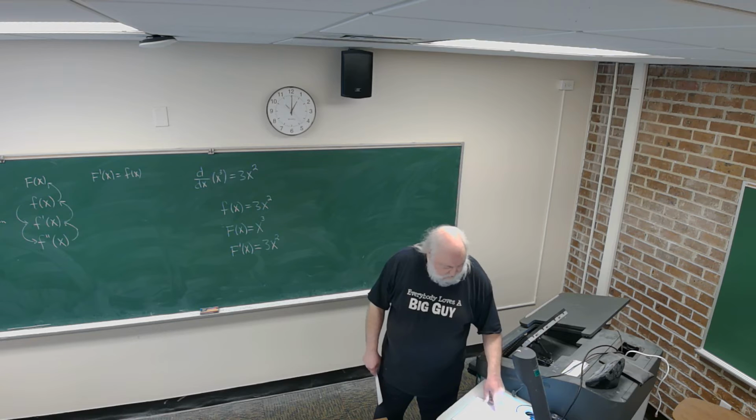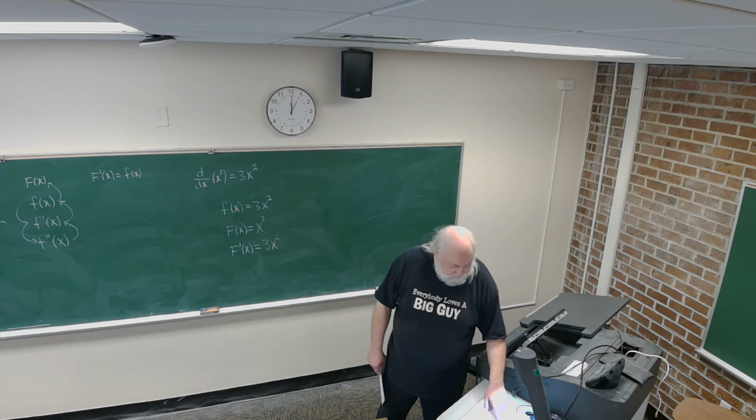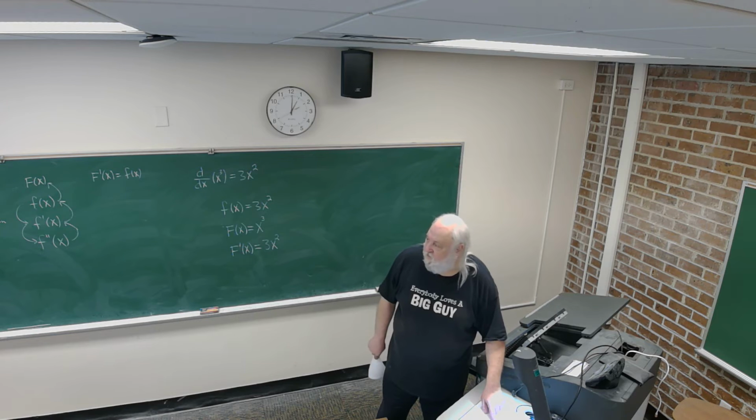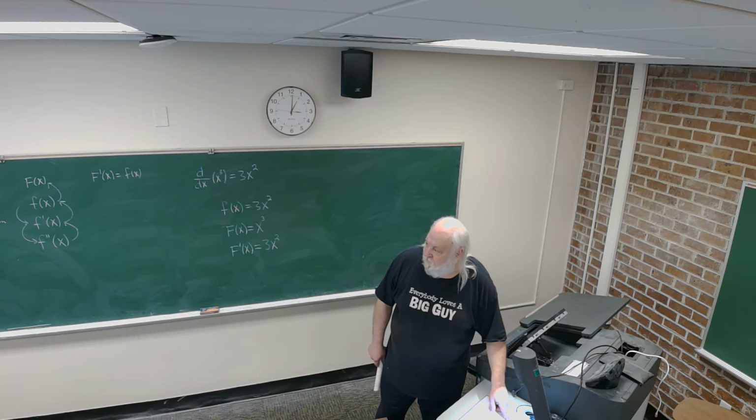So in theorem 4.9.1, if big F is an antiderivative of little f, then the most general antiderivative of little f is big F of x plus c, because all the antiderivatives of little f will just differ by some constant c.